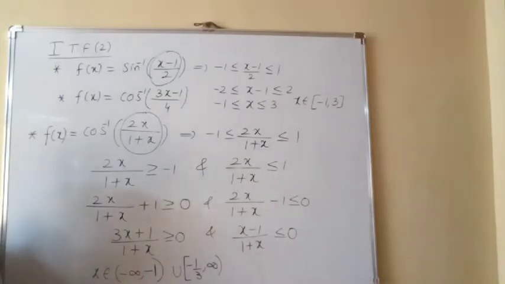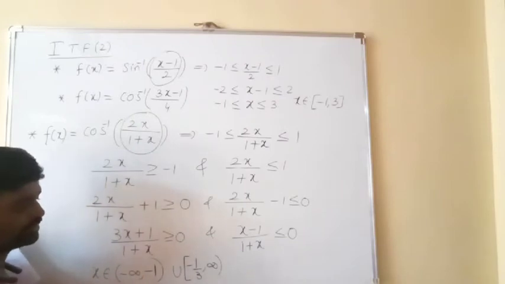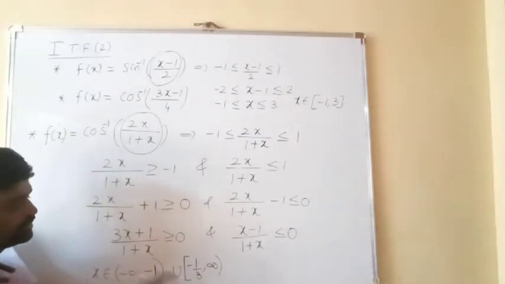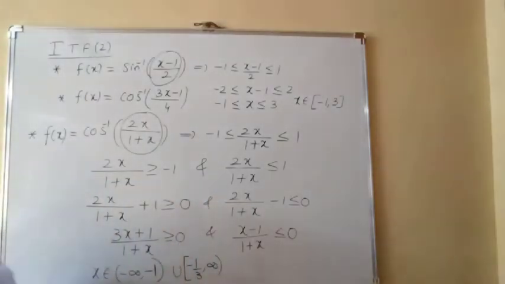So numerator is 0 at minus 1 by 3, denominator is 0 at minus 1. So then this ratio is positive if x does not lie between minus 1 and minus 1 by 3. But minus 1 is not included because at minus 1 the denominator is 0, which is not possible. The numerator may be equal to 0 only, no? So minus 1 by 3 is included.